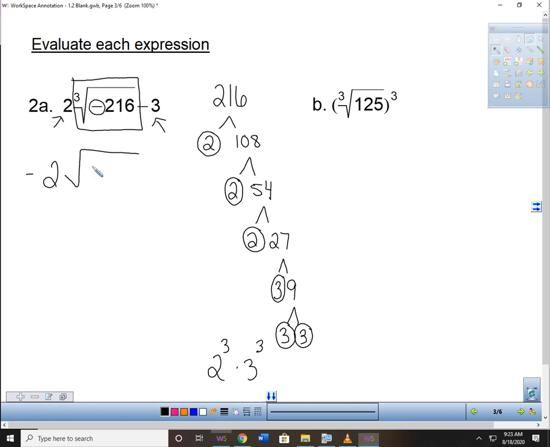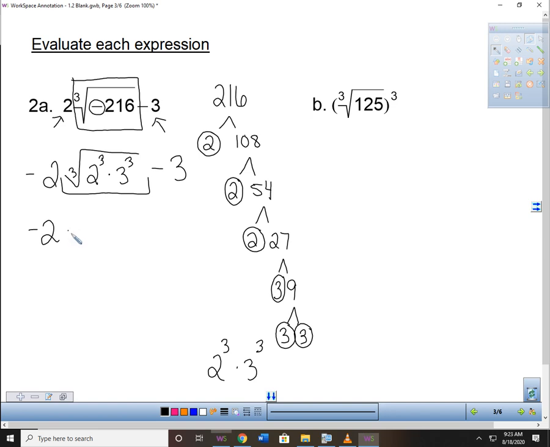All right, so I've got a cubed root of 2 to the 3rd times 3 to the 3rd, minus 3. So we're still just focusing on this part. Is everybody with me? Save this stuff until you get done with this. So you have the negative 2 out here. What's going to happen to this 3? It's going to end up canceling, correct?